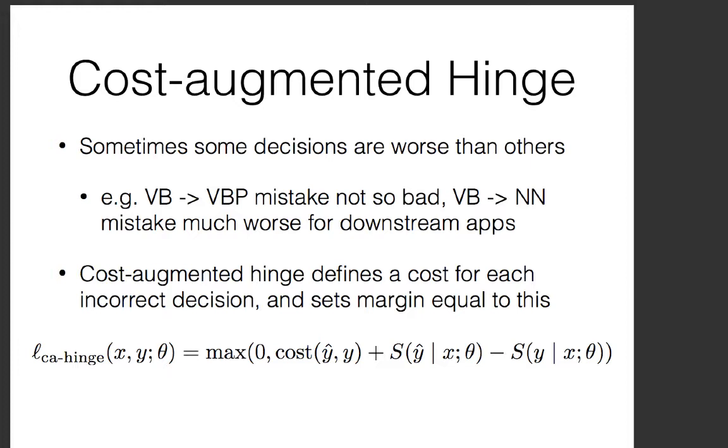Maybe VBP has a small cost of 0.5, but NN has a large cost of 5, because this would be a really bad mistake. So we add them together, and we get 5, 4.5, and 8. And now we will penalize for being too close to NN, which allows the model to be very conservative and try to not make these mistakes as much.